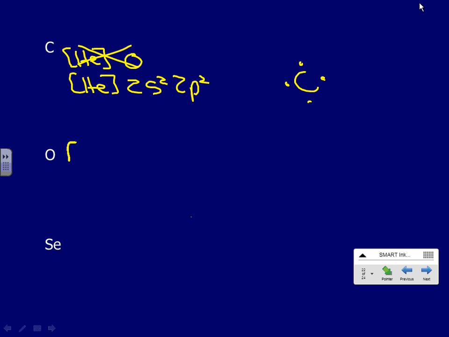So oxygen, again, is helium, 2s2 and 2p4. And oxygen, all we're doing here is the 6 electrons. 1, 2, 3, 4, 5, 6. And this you can almost make sense of.